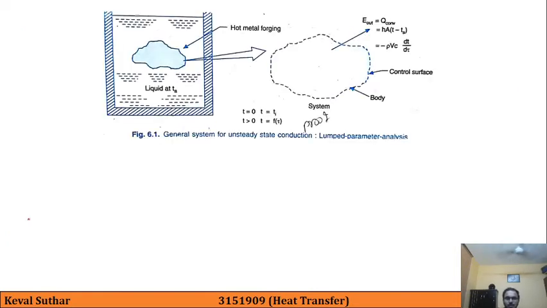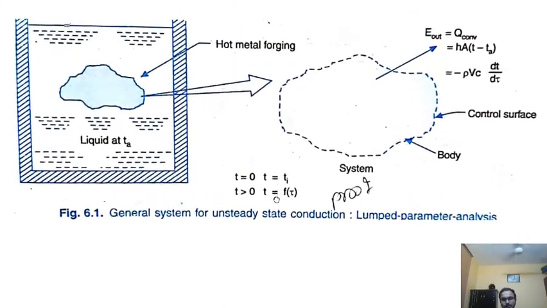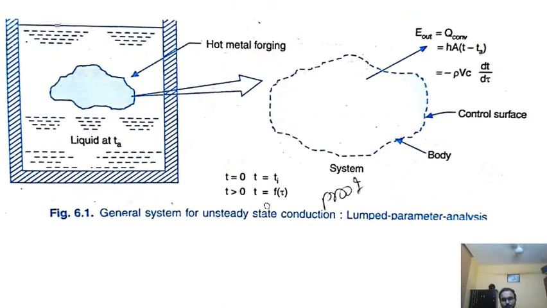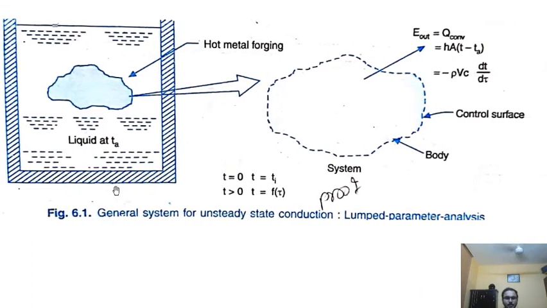Now we will focus on this figure first. Here, consider this to be a hot metal forging which is initially at Ti temperature. The boundary conditions are shown here: at tau equal to 0, the temperature is Ti.